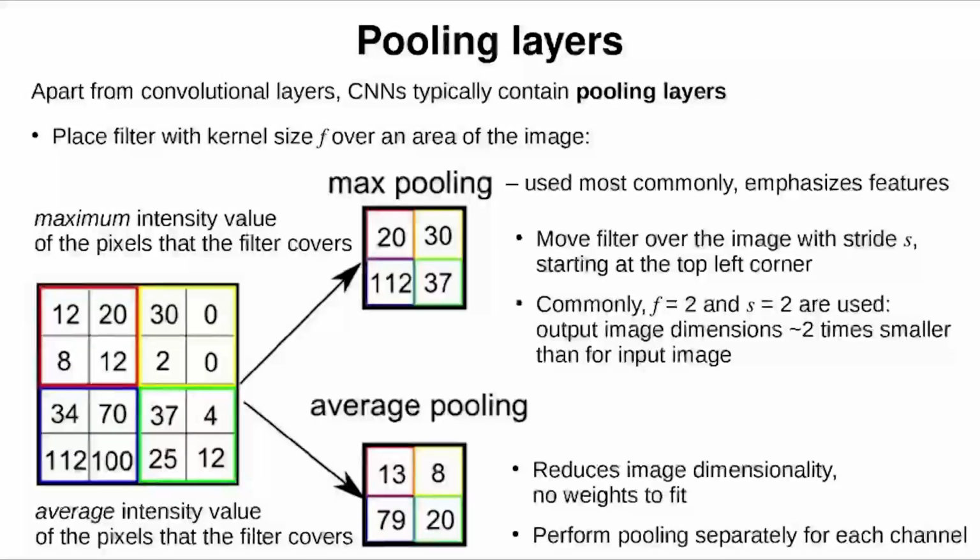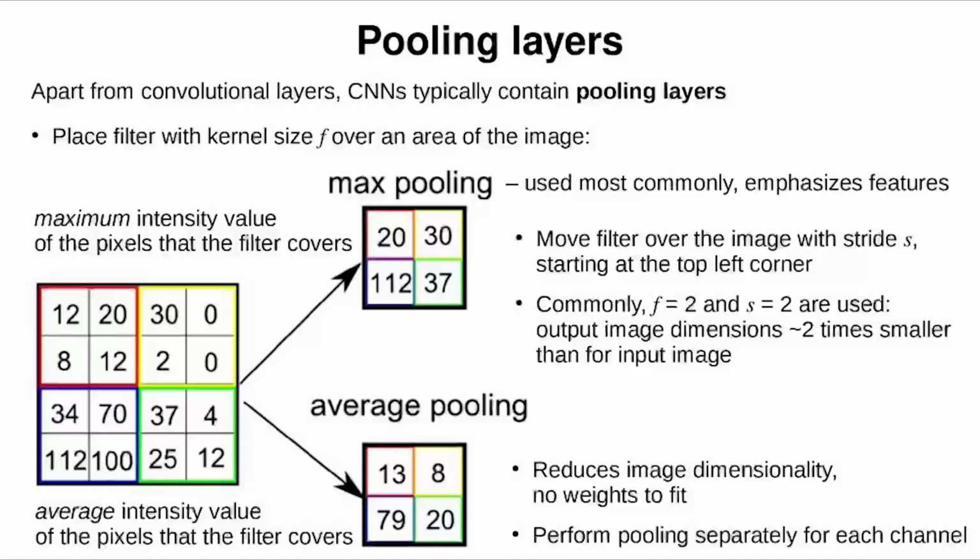Apart from convolutional layers, nearly all CNNs that are used in computer vision applications contain pooling layers. The two most common types of pooling layers are max pooling and average pooling. For both types of pooling, a filter with kernel size f is placed over an area of the image.